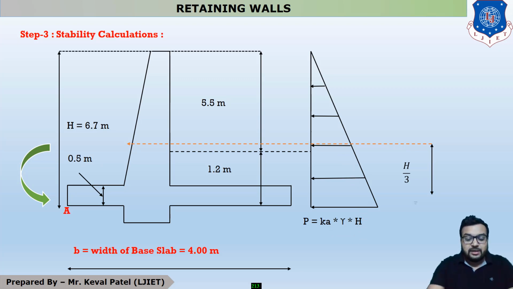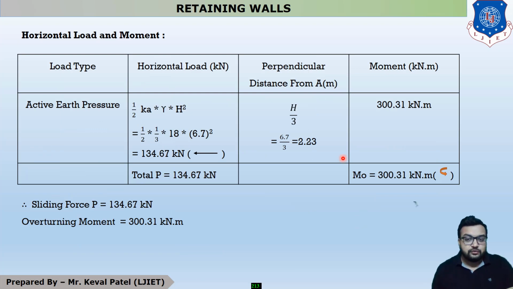Now let us start our horizontal force calculation, in which the first column is load type, meaning which component is acting horizontally. It is called active earth pressure, because this is our retaining wall and this is our backfill, and our backfill is trying to move the wall away.